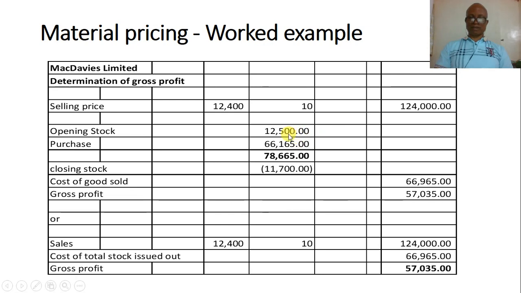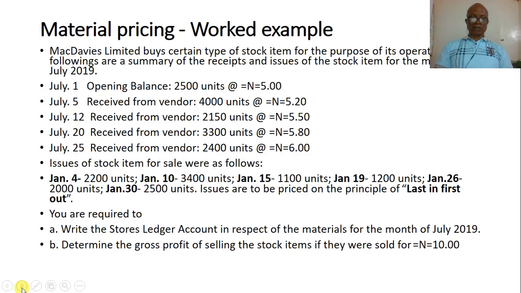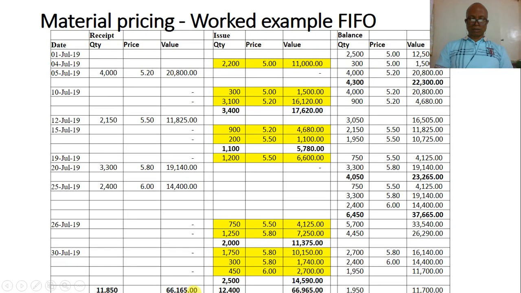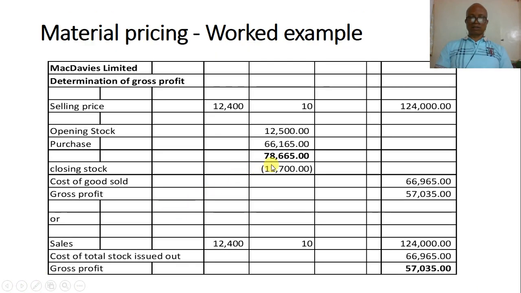Opening stock, remember 12,500. Purchase. Total purchase is 66,166. If you look at it, 60,000 is there. That's your purchases, and then your closing stock is 11. So you come back here and say our closing stock is 11.